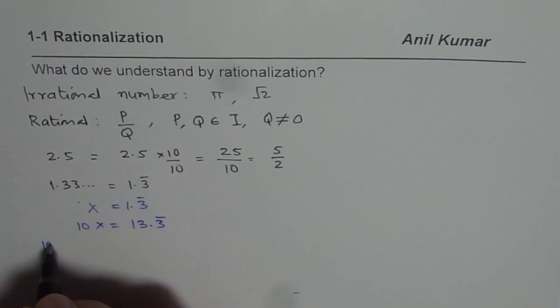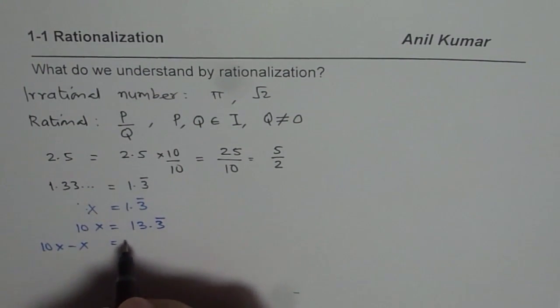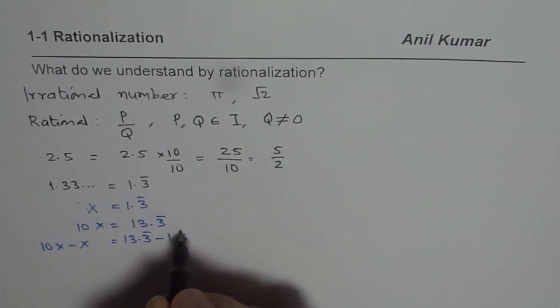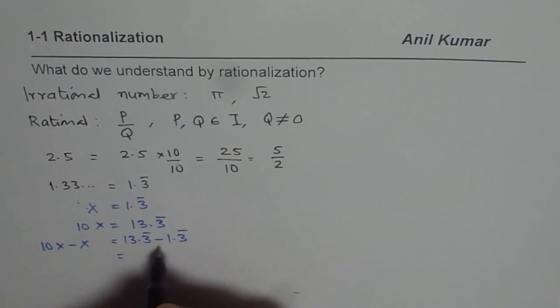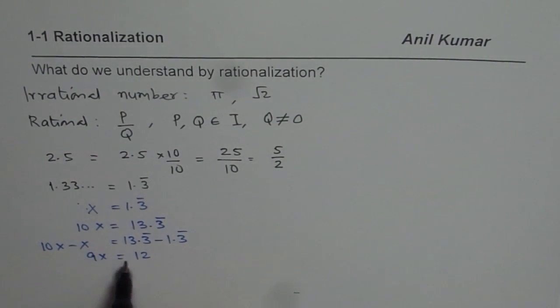Now if I do 10x minus x, that means this minus this, then what do we have? We have 13.3 recurring minus 1.3 recurring, and that gives you 12, correct? And 10x minus x is 9x. Now we can simplify for x.